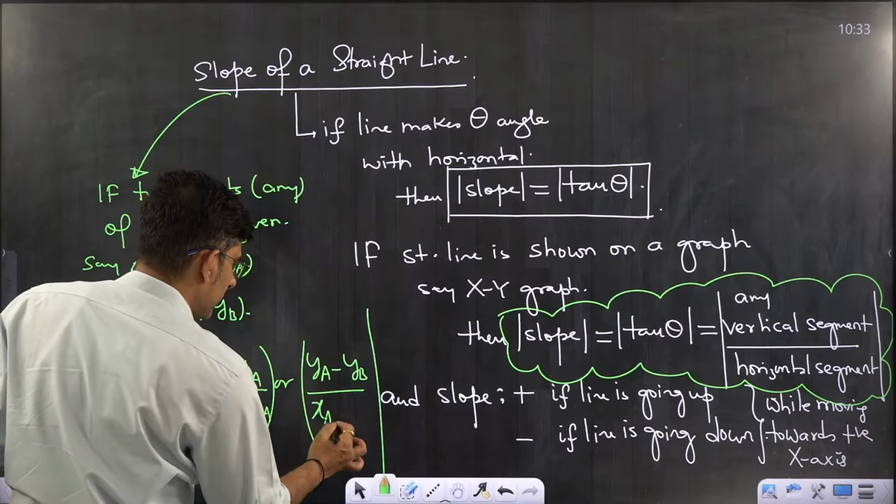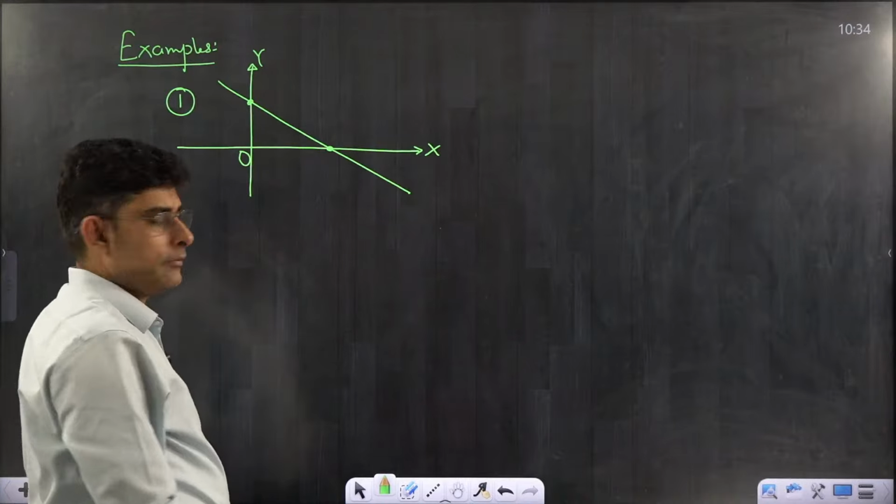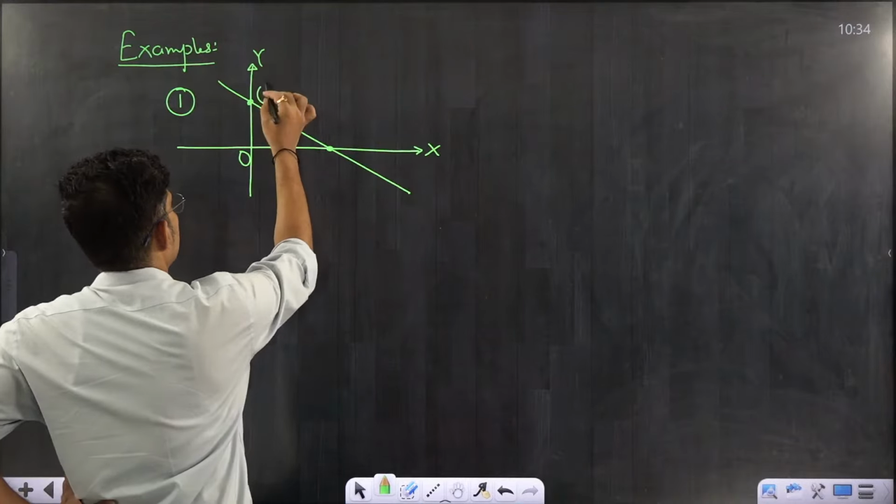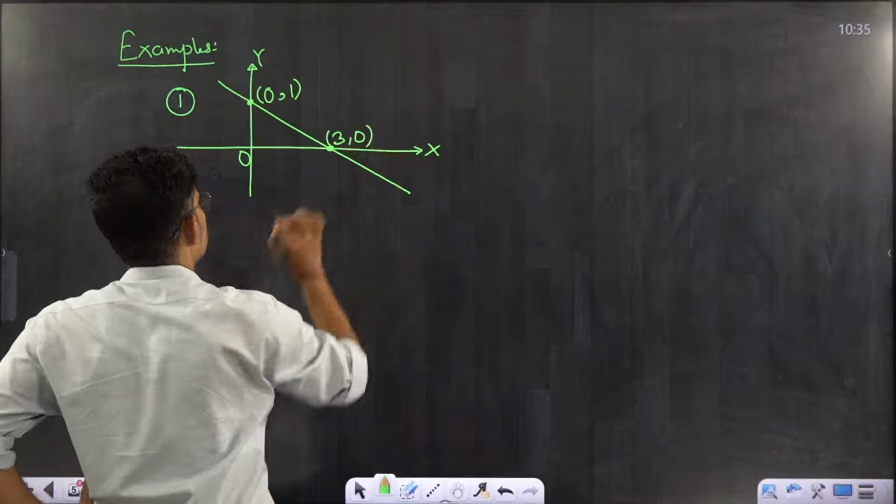Example number 1. Suppose I have the x axis, y axis given, and I have this line, and they have given to me these coordinates, 0 comma 1 and 3 comma 0.